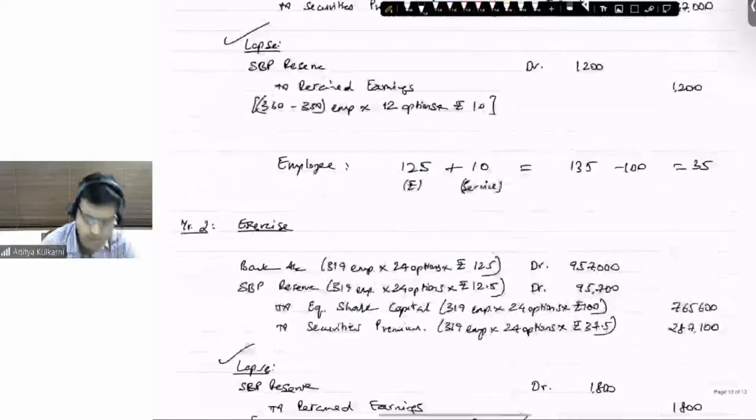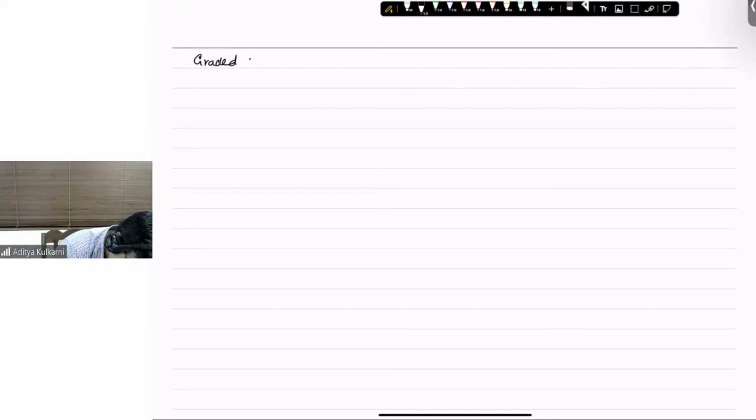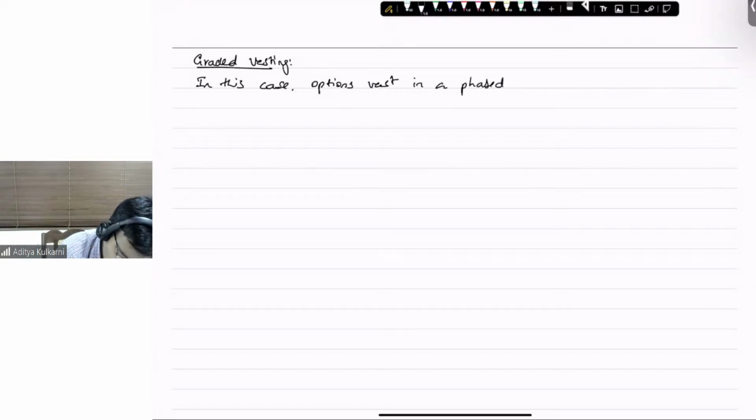We quickly come to the initial part of your theory, if you have left the 4-5 pages there, we'll just write a small paragraph for graded vesting, so you can just have an idea. Okay, so you can give the heading graded vesting in your theory and write down, in this case, options vest in a phased manner.